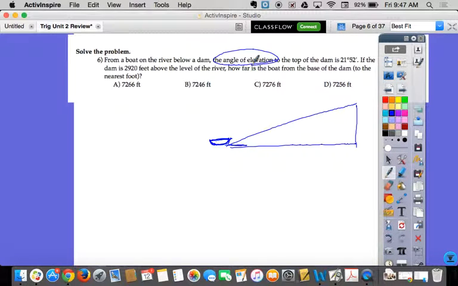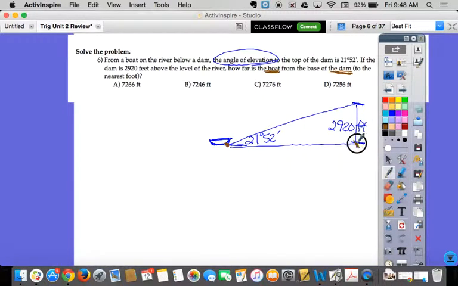Angle of elevation. You're looking up to the top of the dam. 21 degrees, 52 minutes. If the dam is 2,920 feet above the level of the river, so they're specifying the height, how far is the boat from the base of the dam? See, again, they have to specify boat to the dam.